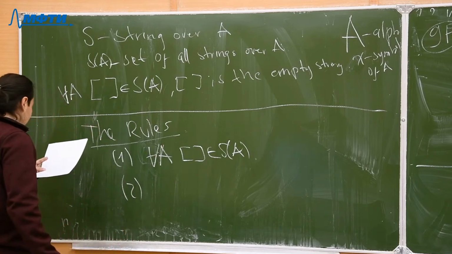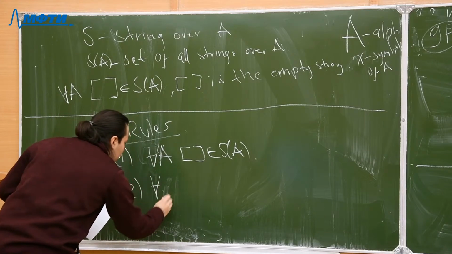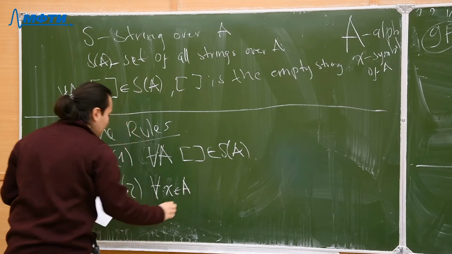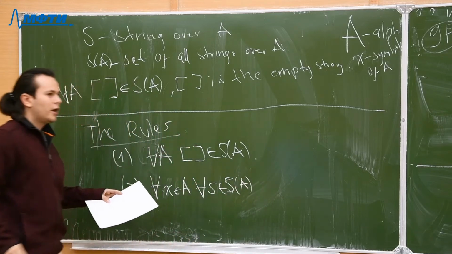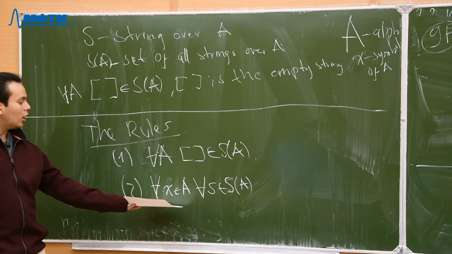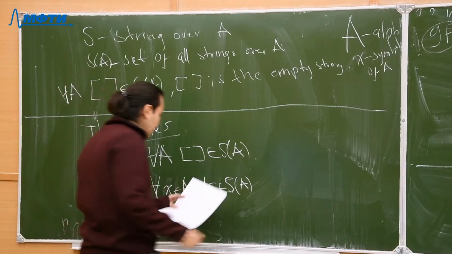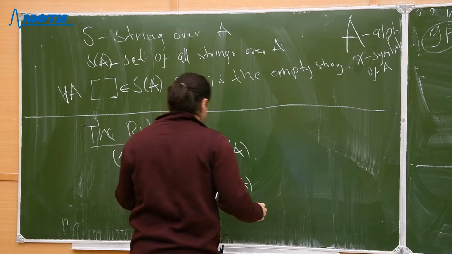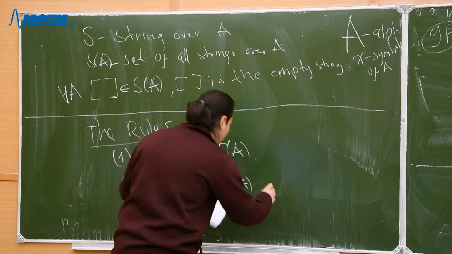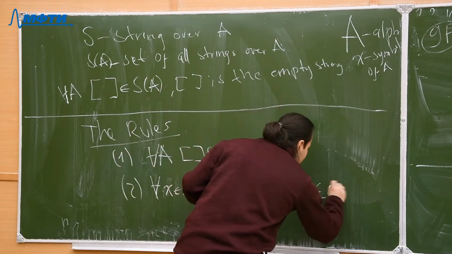The second rule is that for all x in A and for all S in S_A, so for any symbol of your alphabet and any string over your alphabet, x:S is also a string.